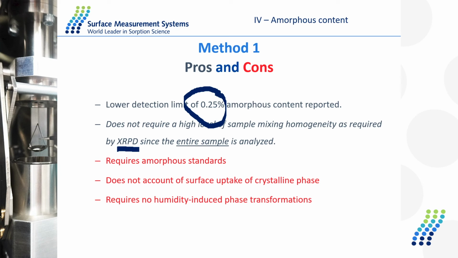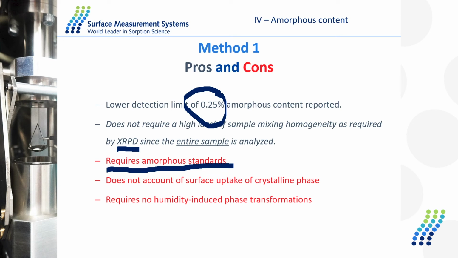It does require an amorphous content standard that you define in your sample, and it has an assumption, and the assumption is quite evident by the data presented in the slide before. You are assuming that the crystalline material has no uptake, and that's a big assumption.